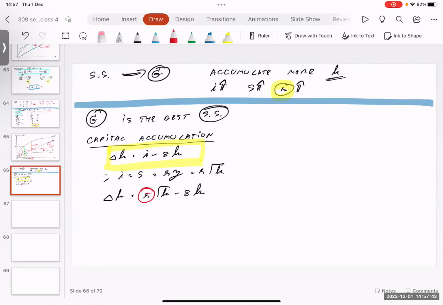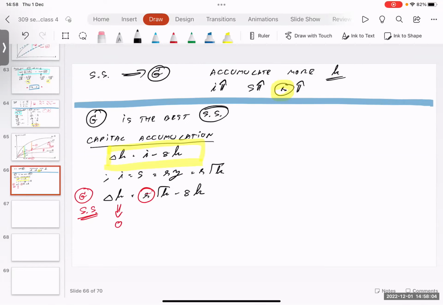And again, since the golden rule is one of the steady state points, we can use the condition of the steady state point. The condition for the steady state point and golden rule is the same, which is everything stops moving, right? Delta K should be equal to 0.